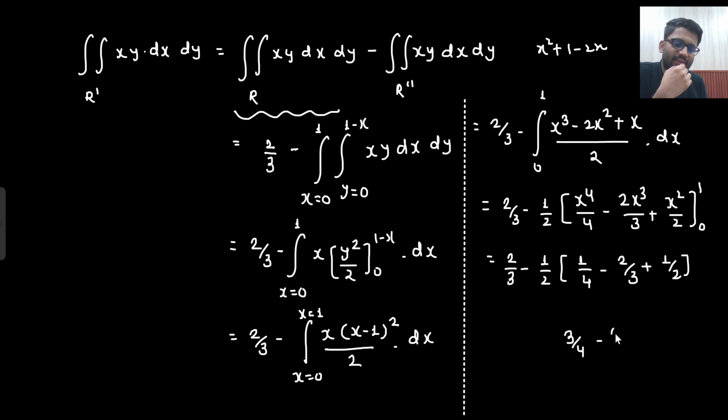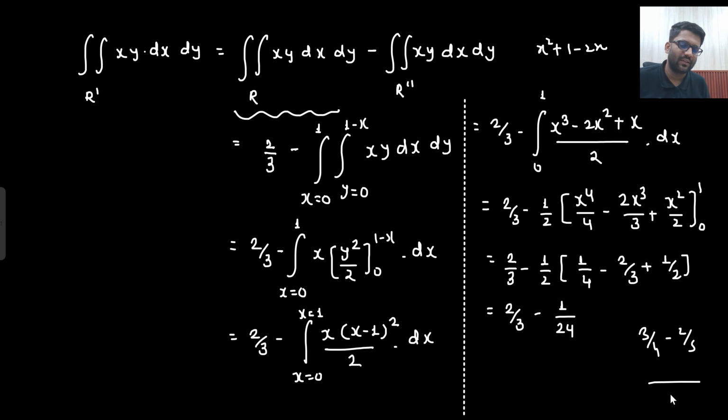3 by 4 minus 2 by 3. 9 minus 8, 1 by 12. This is coming out to be 1 by 24 actually. So 2 by 3 minus 1 by 24. So 3 by 4 minus 2 by 3, 12, 9, 8.